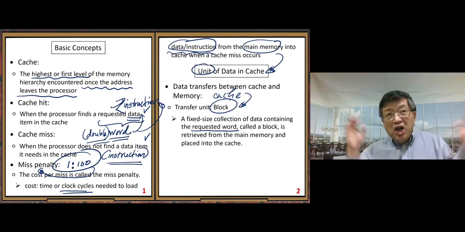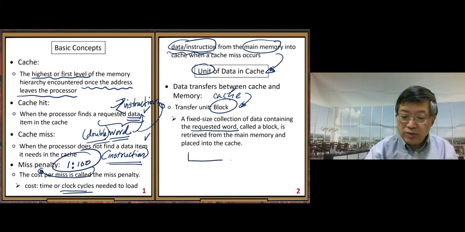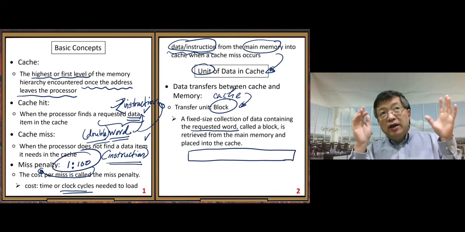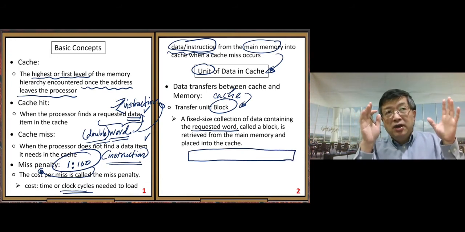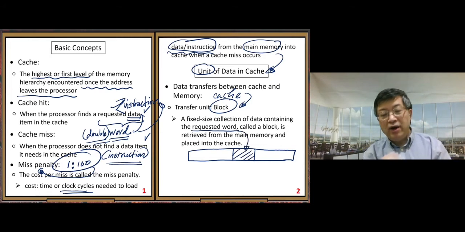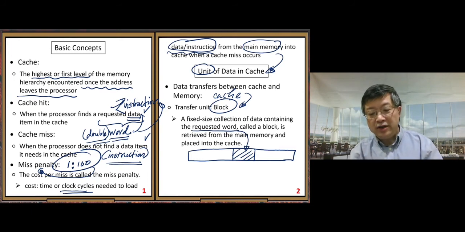Let me just draw this block. Suppose this block is this large, containing multiple words. Among multiple words, this is the requested word, somewhere inside the block. It could be anywhere inside the block.